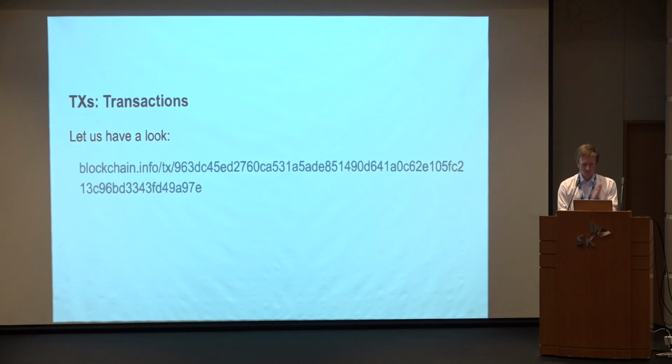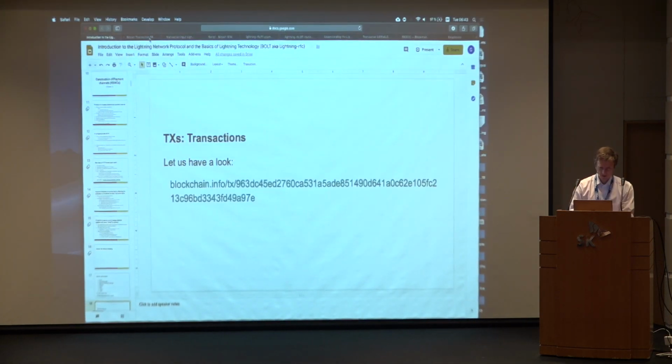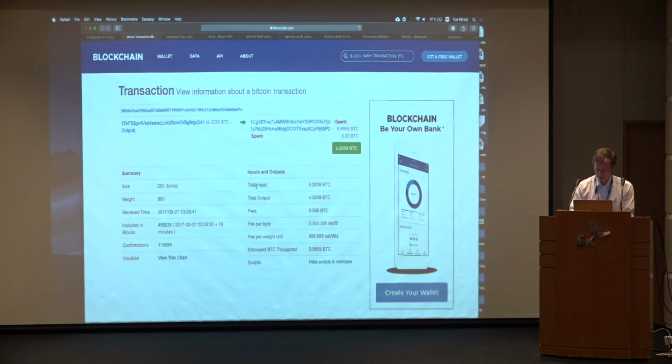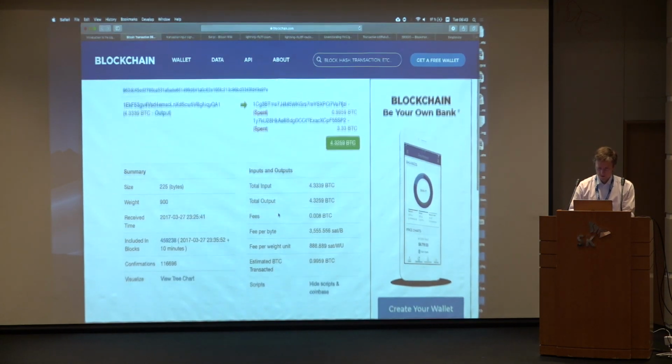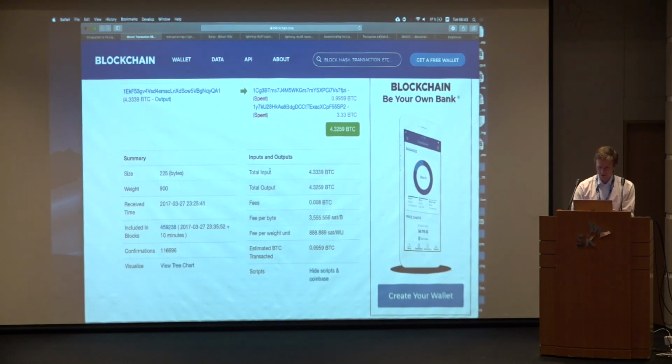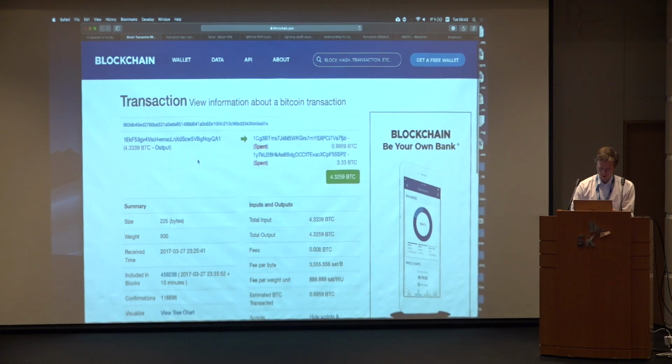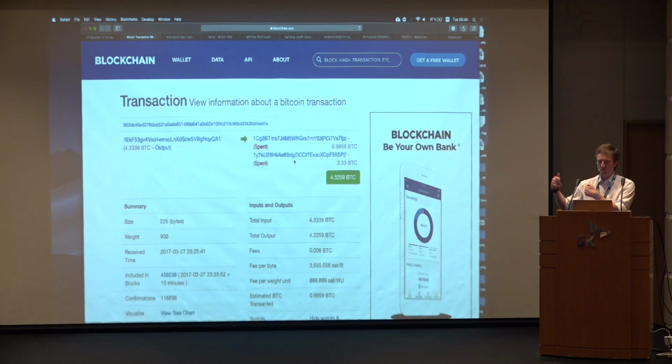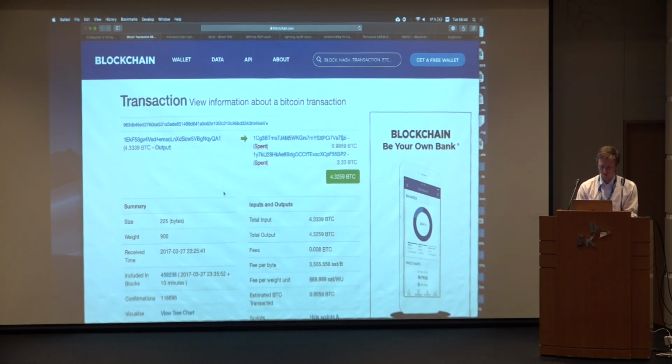Great. So we can have a look at a particular transaction. Here I already clicked on the link. So we see what we just learned. We have which block this transaction was included in. This is the input address. Those are the output addresses to where the funds will go.